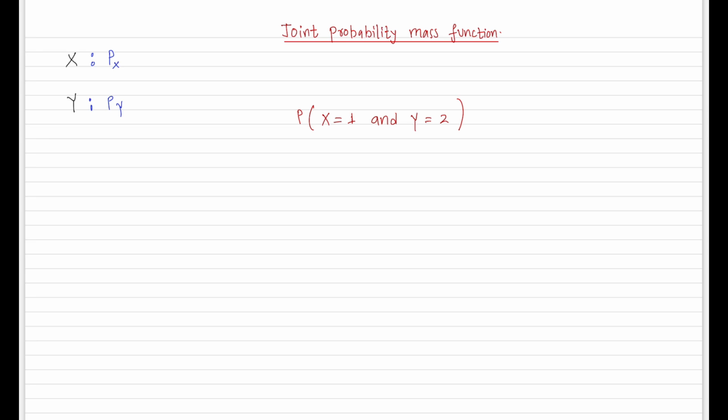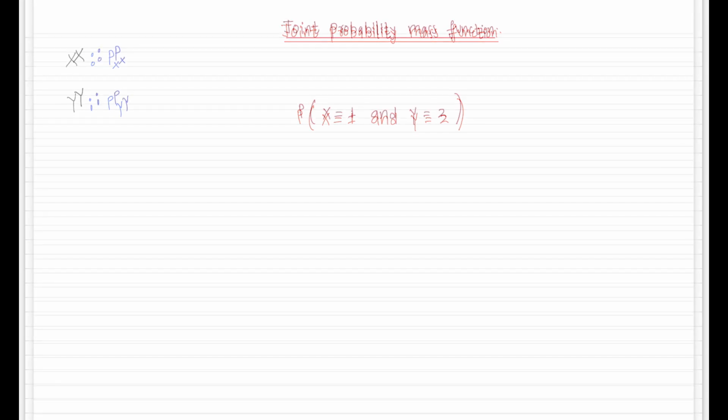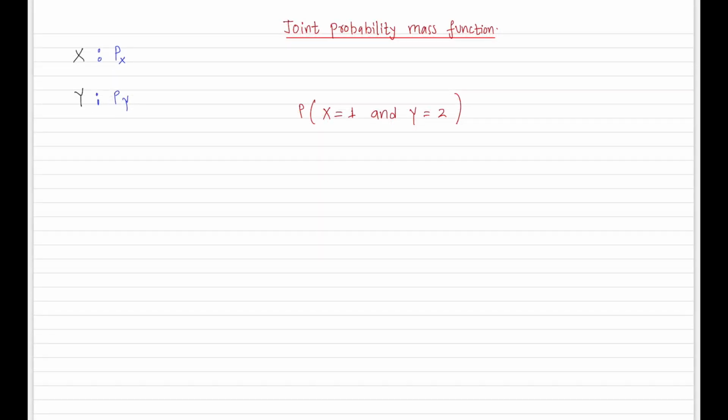Can you answer this question at this moment? No, you cannot. Why? Because you don't know how these two random variables are related to each other. Knowing their individual PMFs doesn't give you that information.